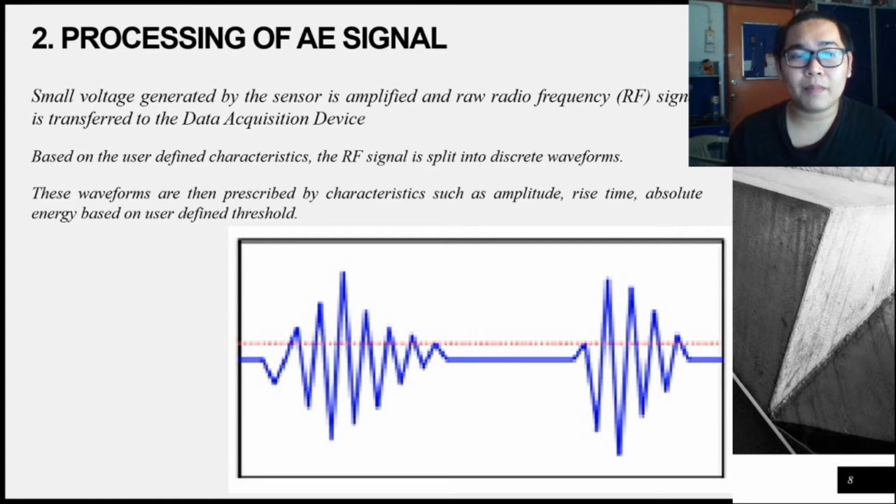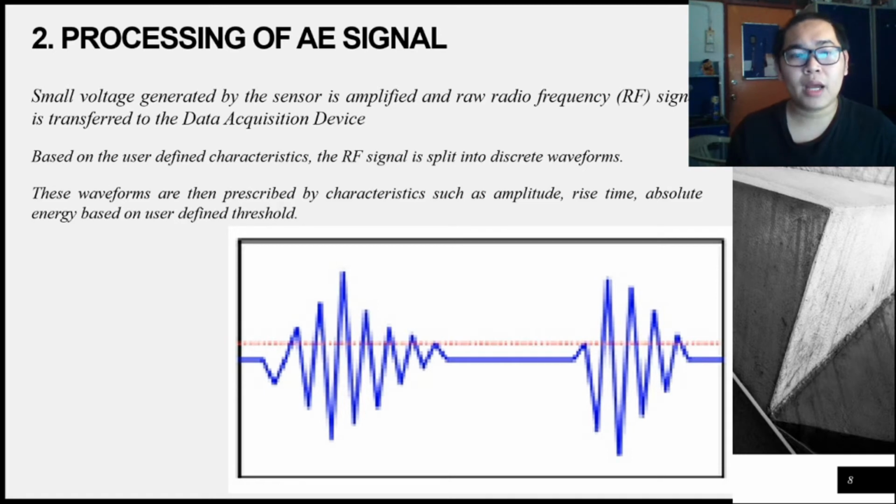The second step is the processing of the acoustic emission signal, where the small voltage generated by the sensor is amplified and the raw radio frequency (RF) signal is transferred to the data acquisition device. Based on user-defined characteristics, the RF signal is split into discrete waveforms.